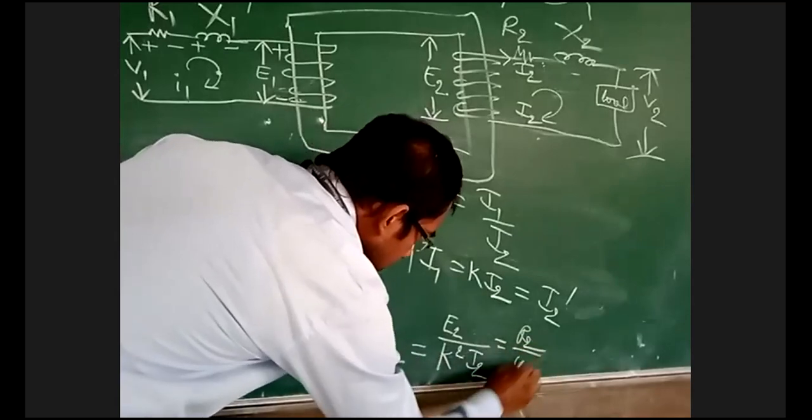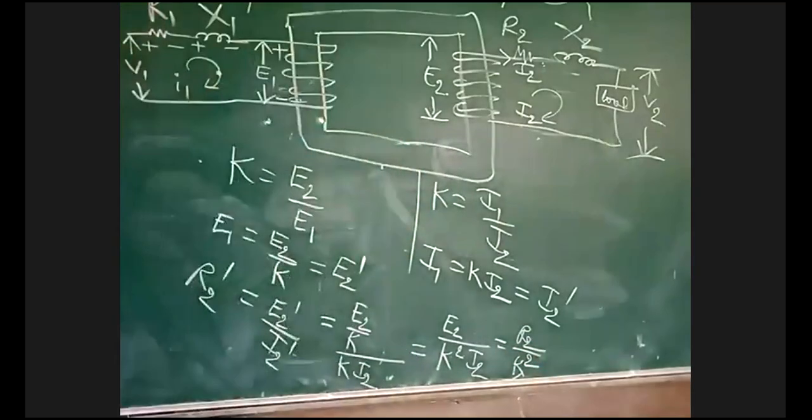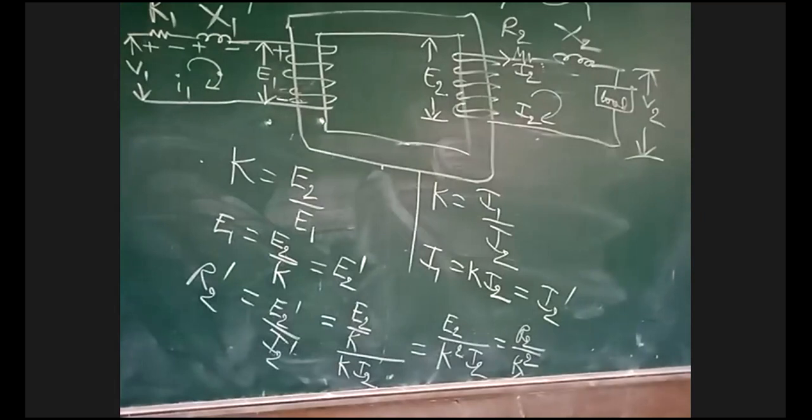See here, I am taking E2 by I2 as R2, resistance R2 is equal to E2 by I2.